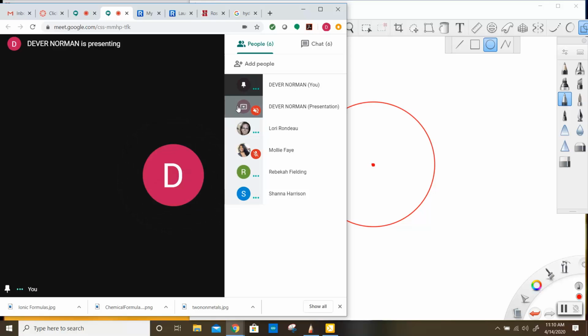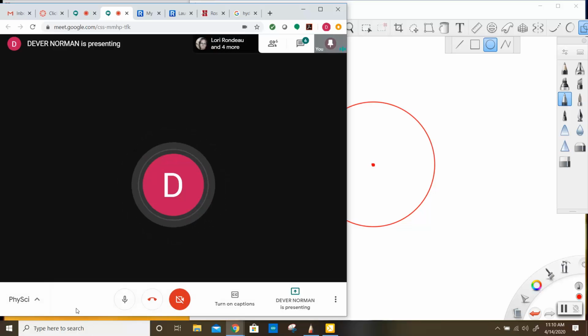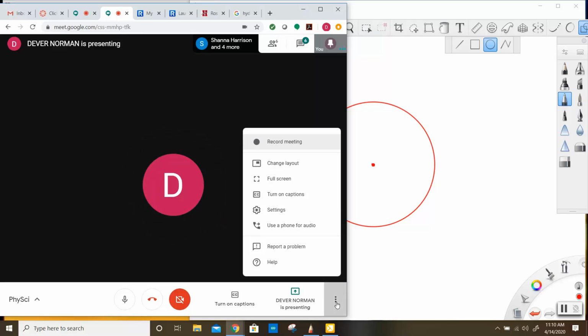We're having all kinds of weird issues. Someone mentioned last time that you can click the three little dots at the bottom left and change layout.